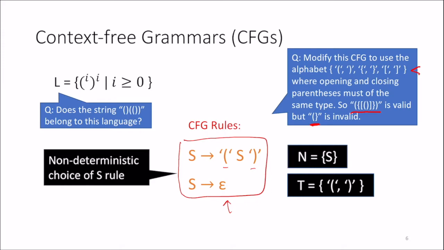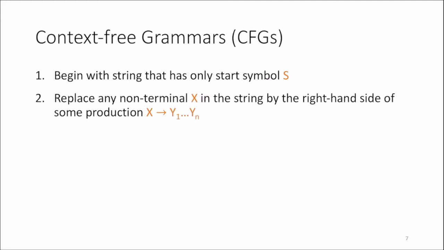So let's look at how this context-free grammar would actually recognize the set of strings that I mentioned, which is balanced parentheses. So if you have a bunch of open, you have a bunch of closed parentheses, and that's all it recognizes. So let's see how it does that. Let's begin with a string that only has a start symbol S, and then you can take that S and replace it with any of the rules that are in the grammar.